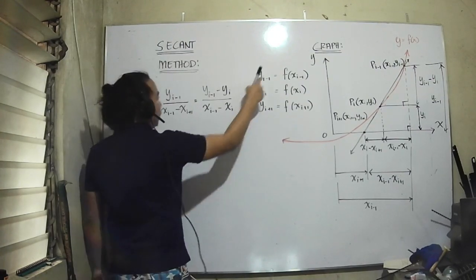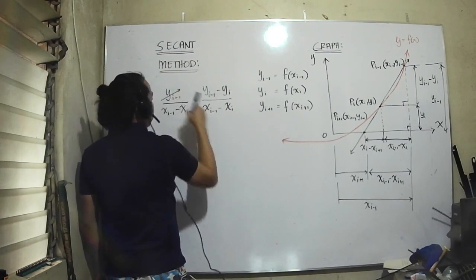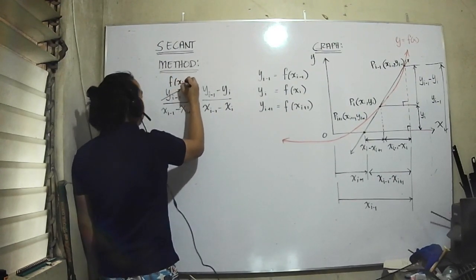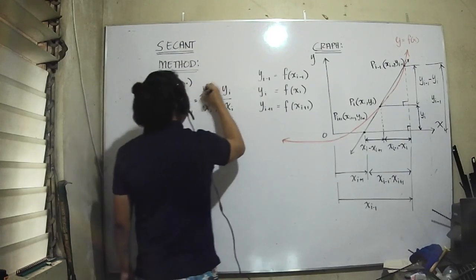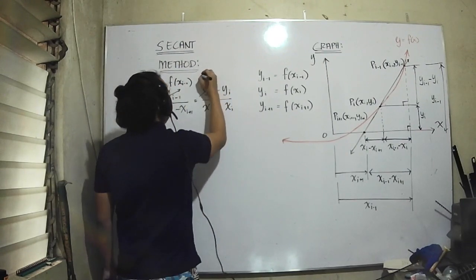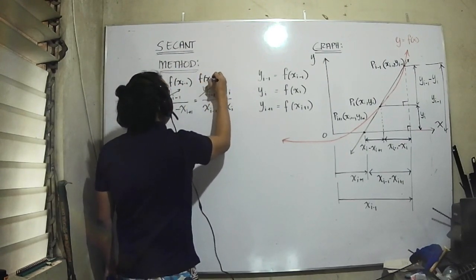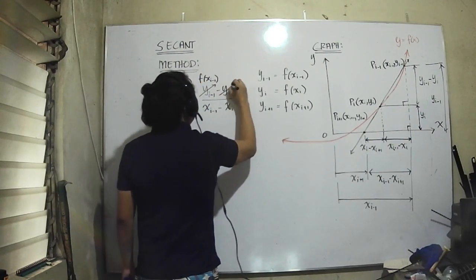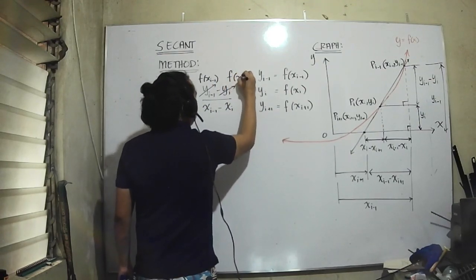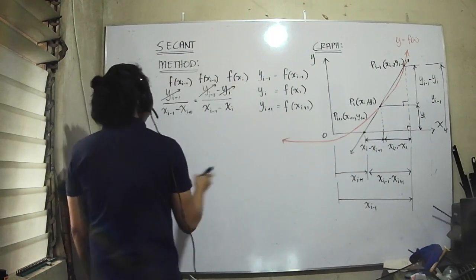Now, substituting this niya, equivalence niya, yi minus 1, xi minus 1 siya diri. Yi that is equal to f of x1. Okay?